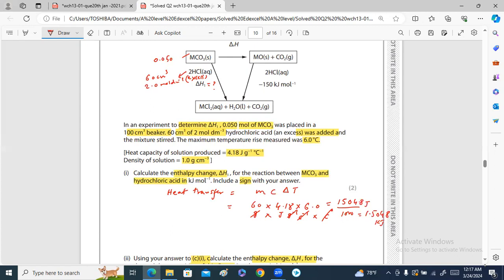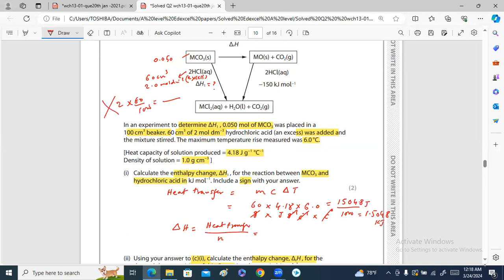Now, the enthalpy change is the heat transfer over moles. Here the student should check whether the moles of metal carbonate or the moles of hydrochloric acid can be used. We can calculate the moles of hydrochloric acid, 2 times 60 by 1000. Here you get the moles of hydrochloric acid, but we're not going to use this.